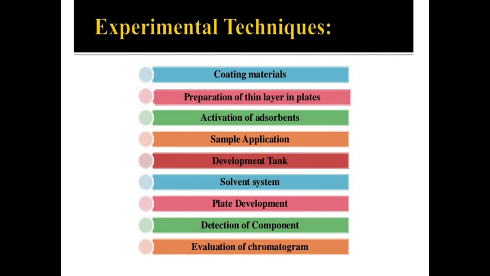Once the procedure is over, take out the plate, allow the solvent to evaporate, and then go for plate development. For detection of compounds, we spray certain developing reagents and then evaluate the chromatogram. The chromatogram shows you colored spots at different levels. You can calculate the RF value, compare it with the standard, and find out what the unknown component present in the mixture is.